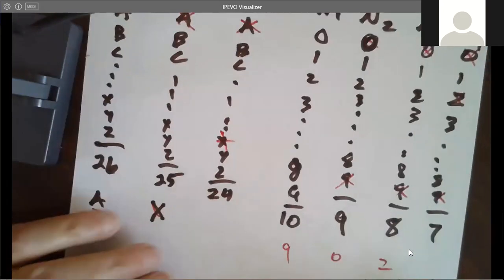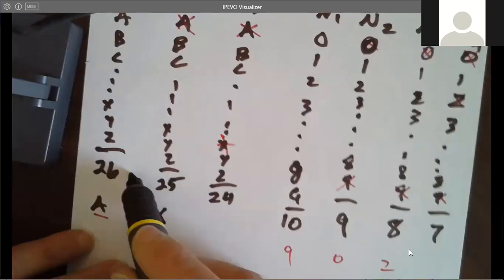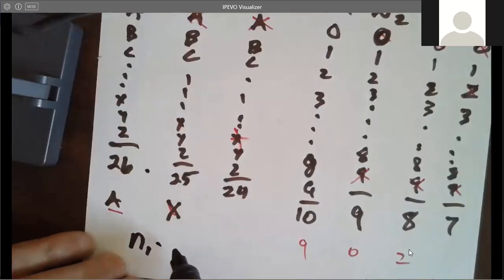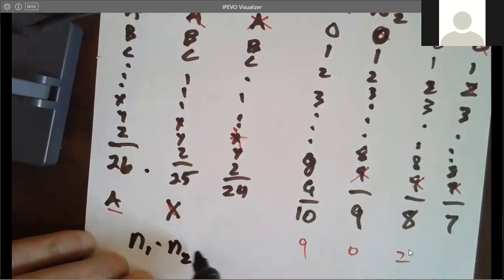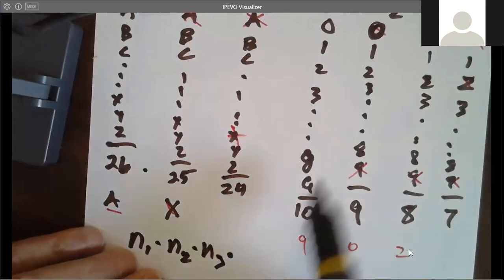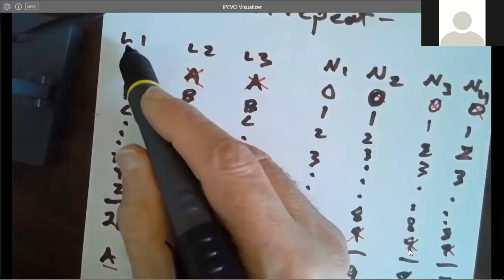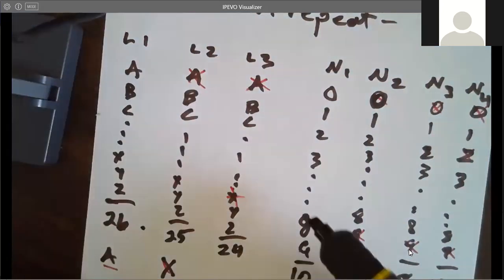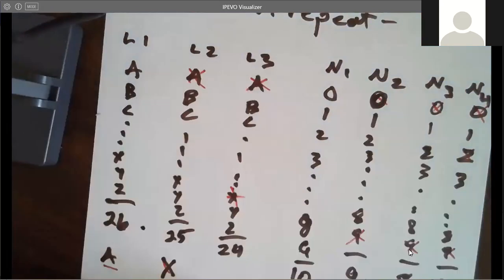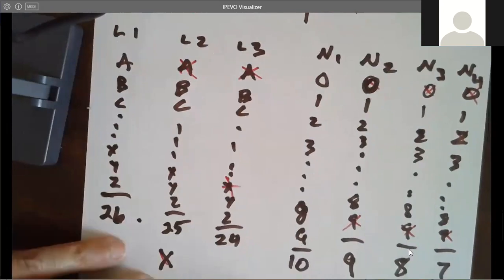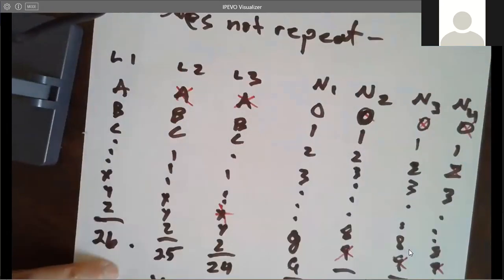So the fundamental counting principle states that we have the first item, n1 times n2 times n3, and so on. So the first letter would be n1, the second letter n2, the third letter n3, and then the first number would be n4 times n5 times n6 times n7.